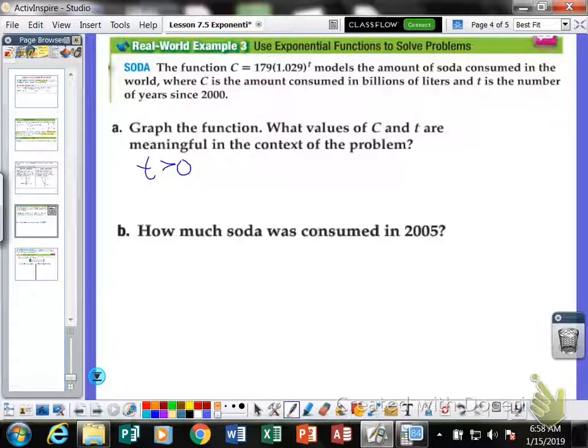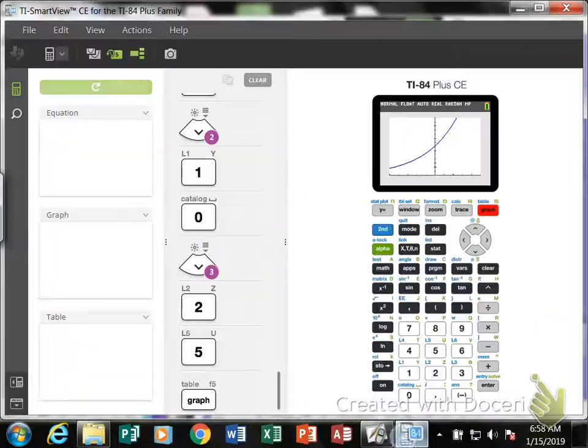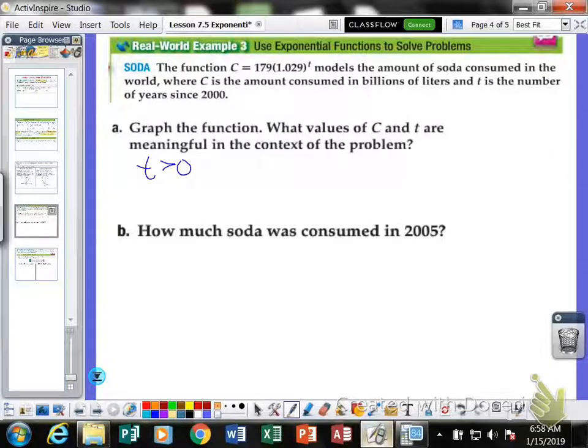At t equals 0, the consumption is 179 billion liters, because if you go back to the graph here, at t equals 0, if you come up, you're going to get that 179. That's where it crosses the y-axis. So what values of c and t are meaningful in this context? Obviously c is greater than 179.